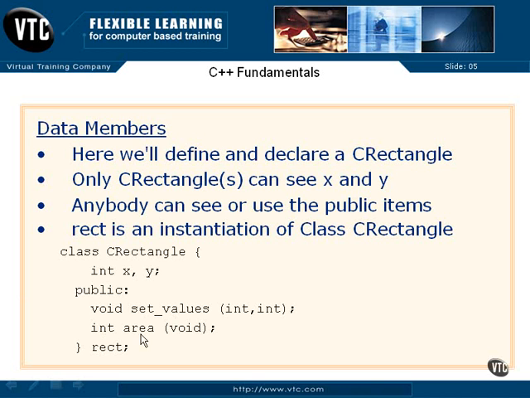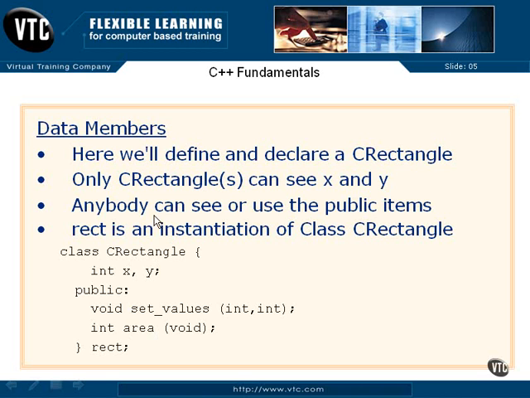And here we make an integer called area. Area will return an integer, if I can read my own code, and it takes nothing in. So there's void parameters to area. Area is another method which can be used to return information about a rectangle. And as you can probably read ahead, we will teach area how to calculate the area that this rectangle covers.